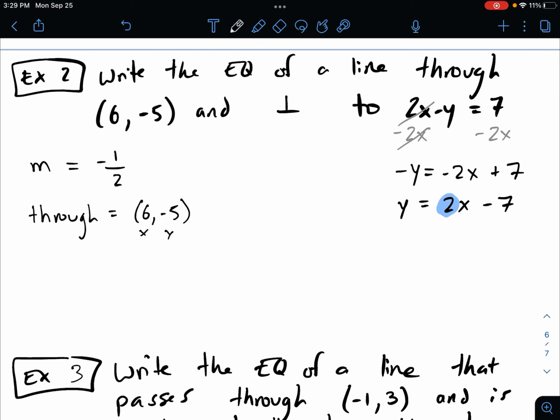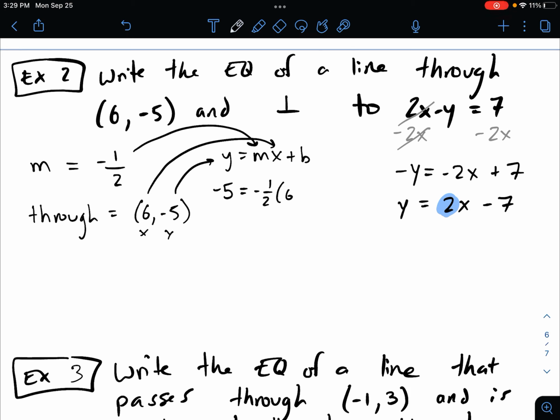And then it has to go through 6, -5, right? And we know the x and y values there. So given my new y equals mx plus b, we know that the y value is -5, the x value is 6, and my slope is -1/2. That gives me -5 equals -1/2 times 6 plus the y-intercept b. I can then start to simplify, so -5 equals -3 plus b, because half of 6 is 3 and it's negative.